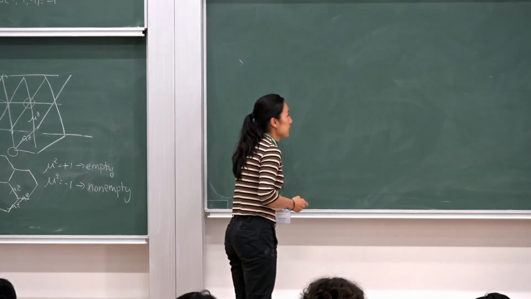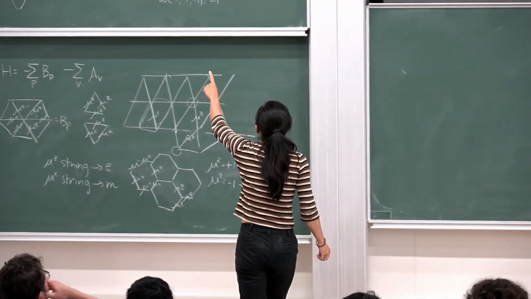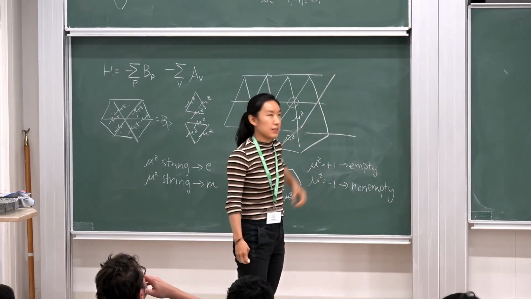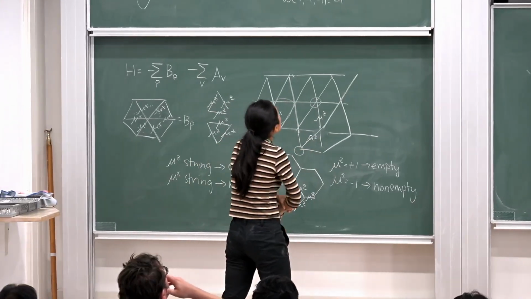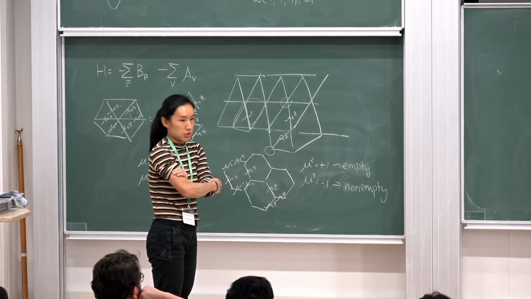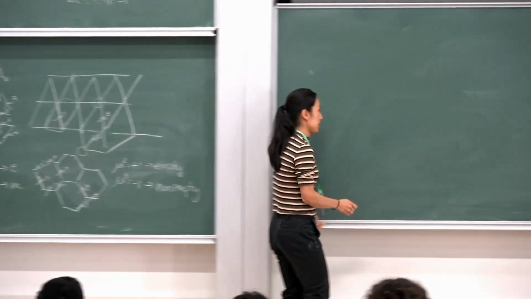Okay, so now we also have H2, so let's implement gauging on H2. H2 has a bit more complicated Hamiltonian term.